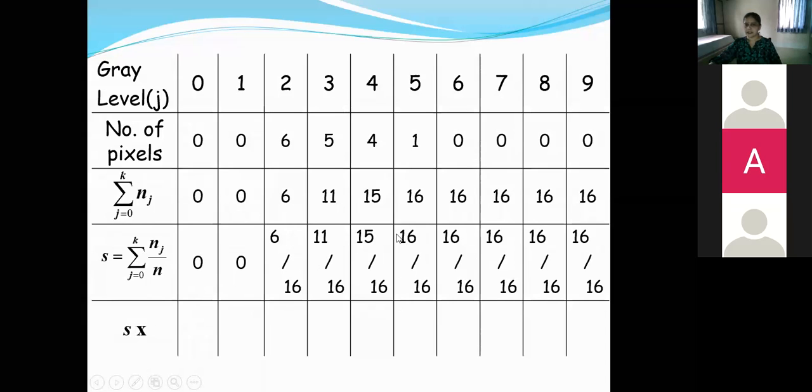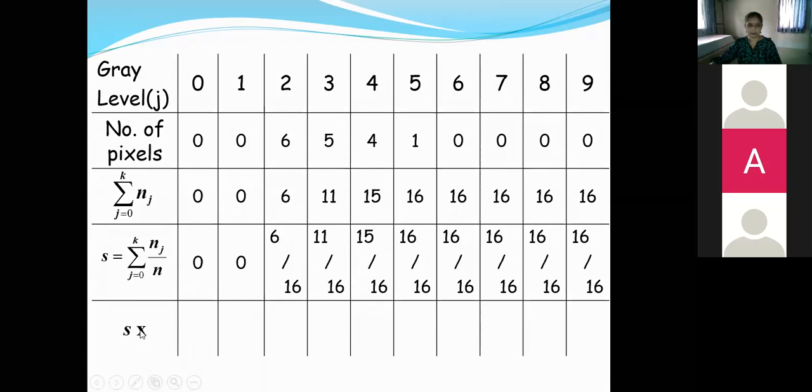And after this step, we have to multiply these numbers by the maximum gray value in the given image. Okay. So in the given problem statement, the maximum gray value is 9. So the next step is to multiply this S by 9 so that you can get all new gray values in the range 0 to 9, right?